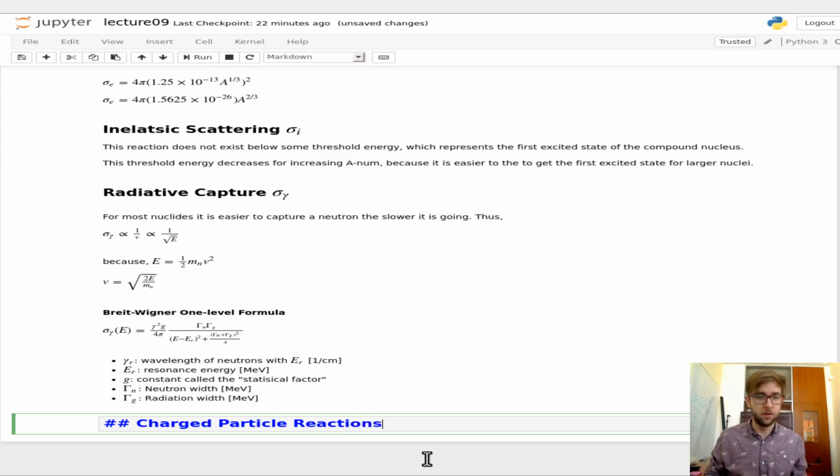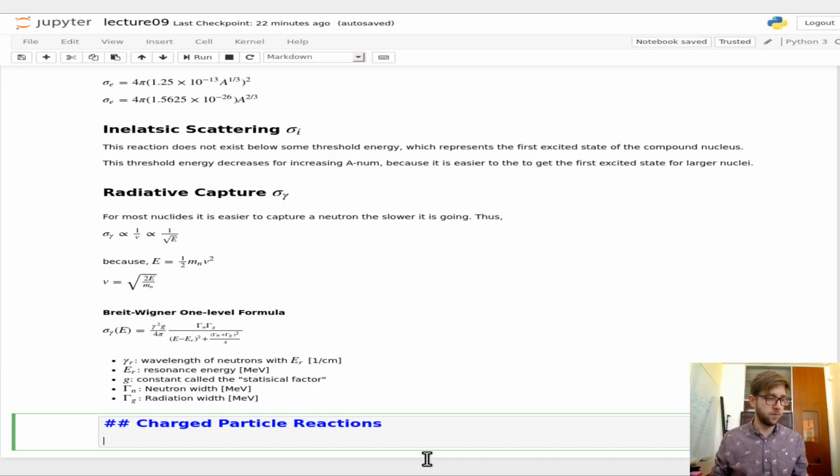These are cross-sections such as proton reactions, or reactions that emit protons, reactions that emit alpha particles, etc.